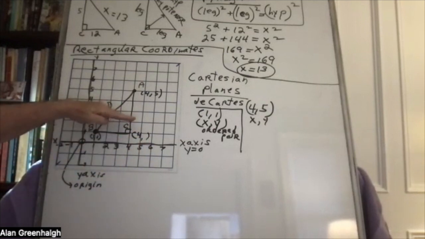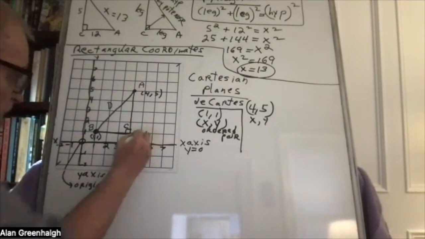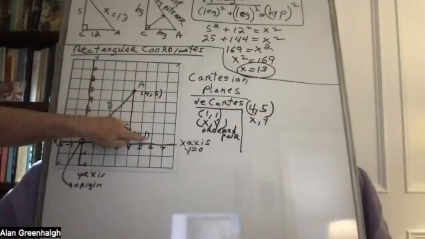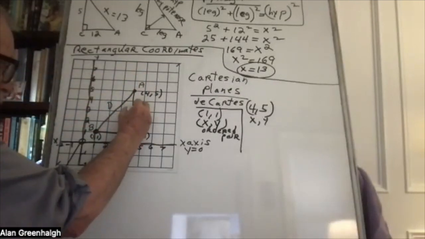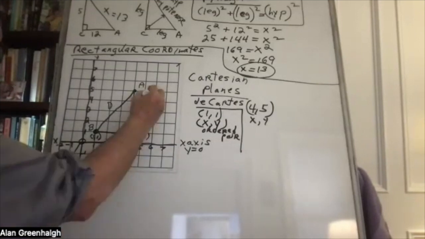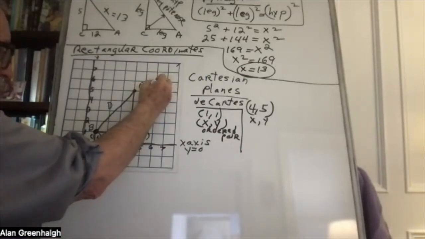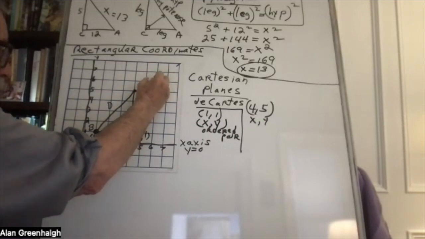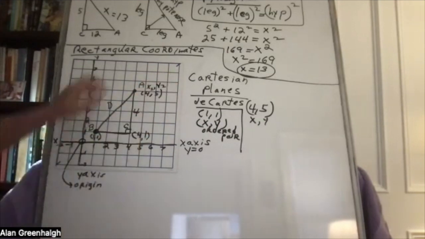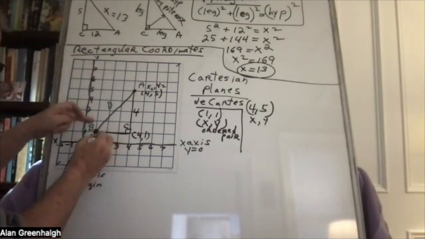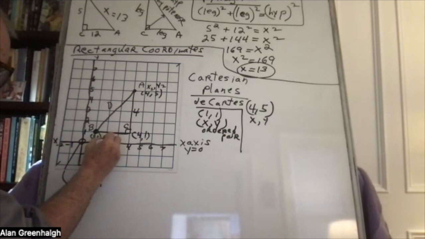And how far up have we gone? We've only gone 1. And you can see why this line is equal to 4, because 5 minus 1 is equal to 4. In other words, if we call this x2 and this y2, this point, point A, is x2, y2, and this point down here is x1, y1.